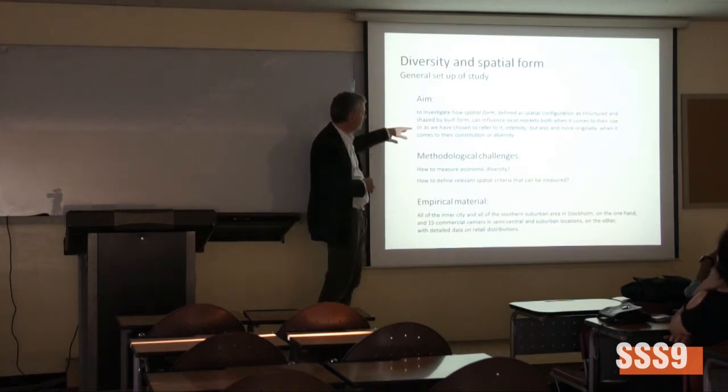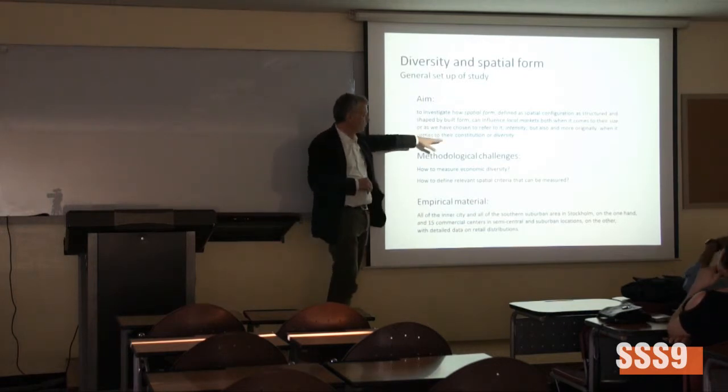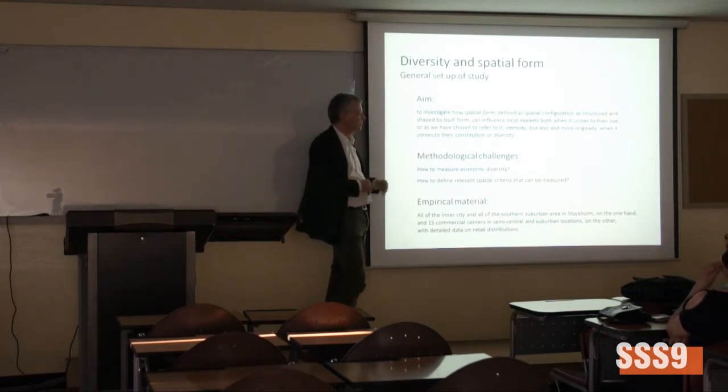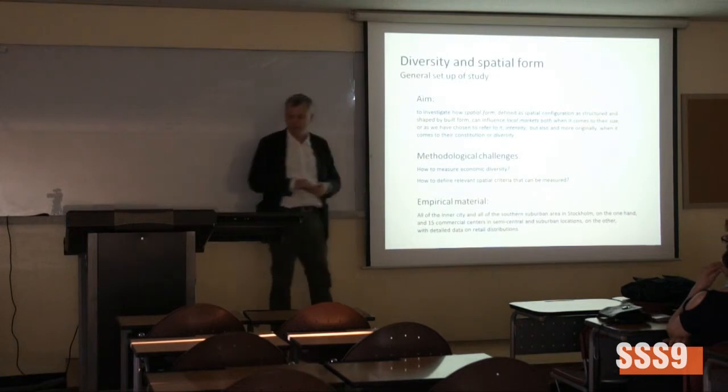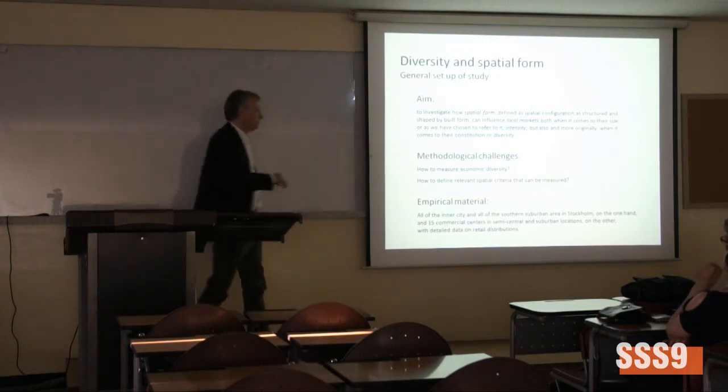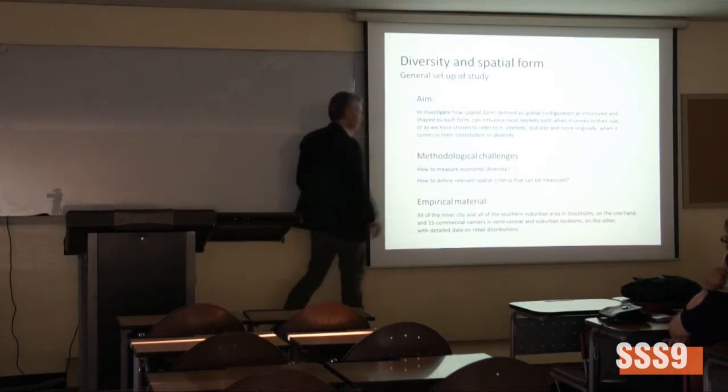Actually, in this paper, we only talk about diversity and how we measure that, and not so much the size of the market. The PhD also deals with the intensity of the market.